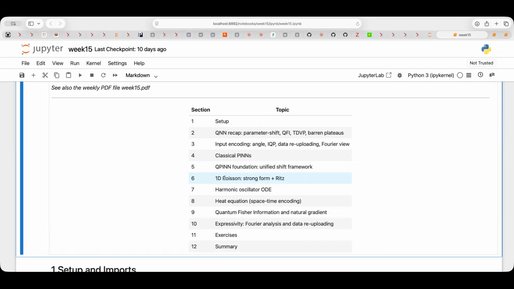So if you want to, you could take these examples and compare. If you're doing the HHL algorithm in project 2, you could actually compare the Poisson solver here with the quantum PINNs with the one you get from the HHL, which in that case is a pure quantum algorithm. There is no hybrid part. So here, on the other hand, we have a variational quantum circuit.